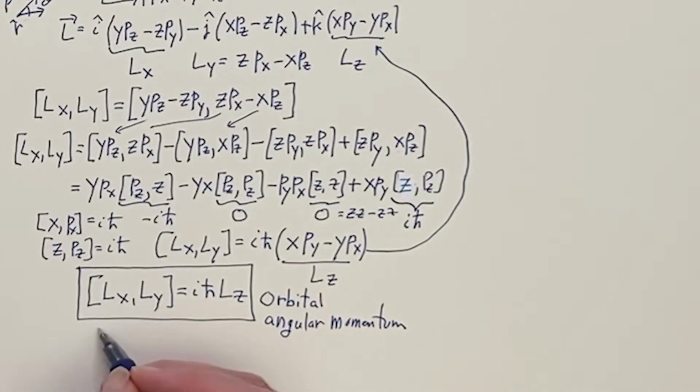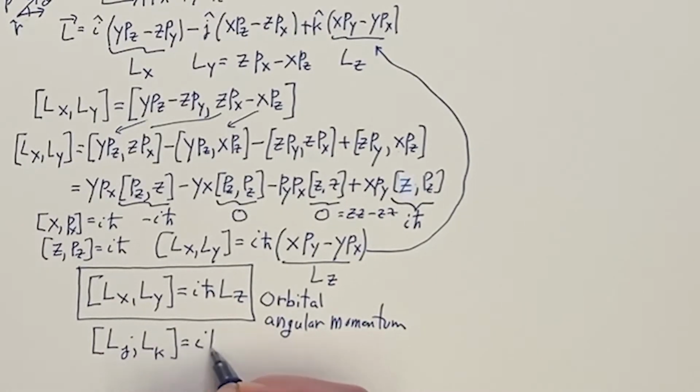Now, if you were to go ahead and do all three of these, where you have, say, some J, where this is x, y, or z, or 1, 2, 3, and this is, say, K, you would get i h bar, and you would get this permutation coefficient here, and then you would get this.